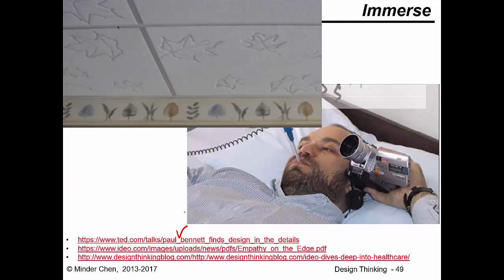So in order to brighten the mood of the patient, they found that the wall and the ceiling of the patient's room are very important, because that's what the patient looks at most of the time. So they suggested redecorating the ceiling and the wall with delightful patterns and colors.